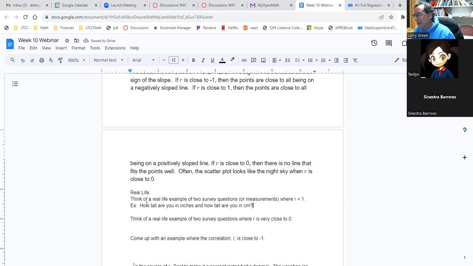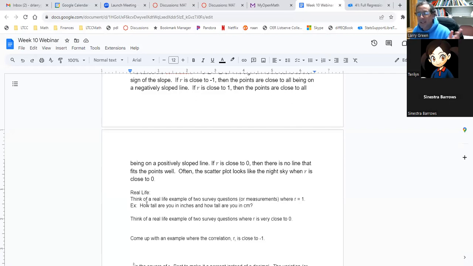That actually will be a perfect linear fit, because there's an equation. I don't know the exact equation, but it's a linear equation that goes from inches to centimeters. Does that make sense? So that would be exactly R equals 1. The only time you get exactly R equals 1 is when there is an equation that tells you, and it's a positively sloped line.